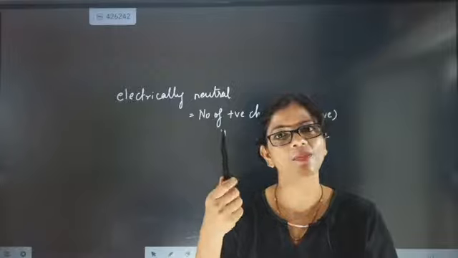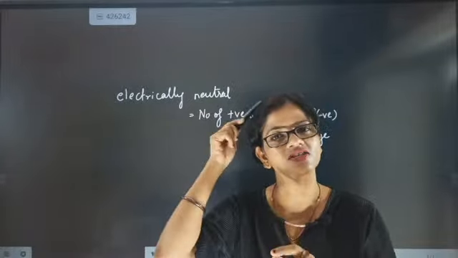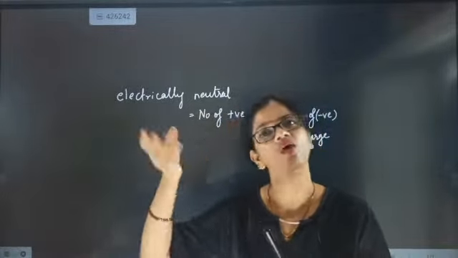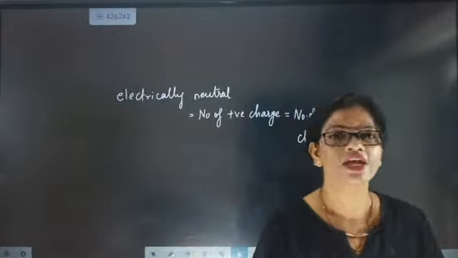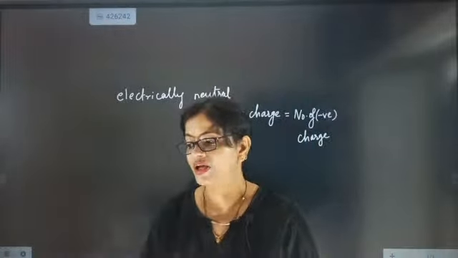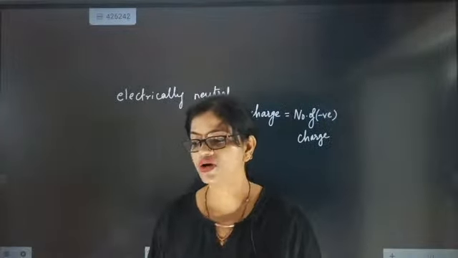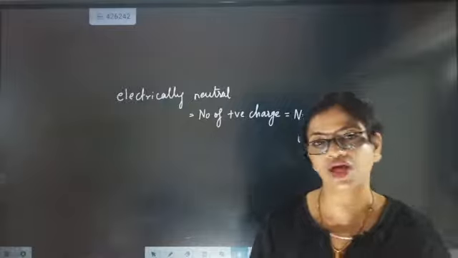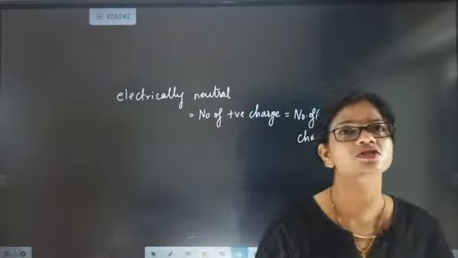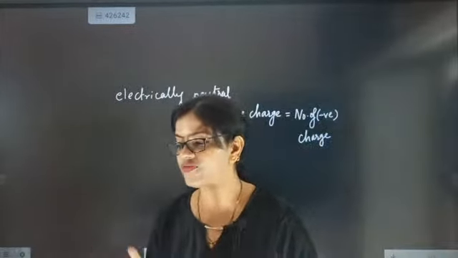Whatever number of negative charges appeared, the same number of positive charges appeared. So that is the case of electrical neutrality: the number of positive charges equals the number of negative charges.